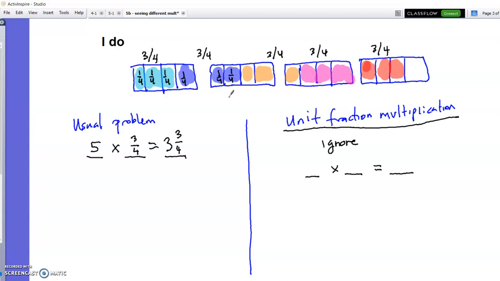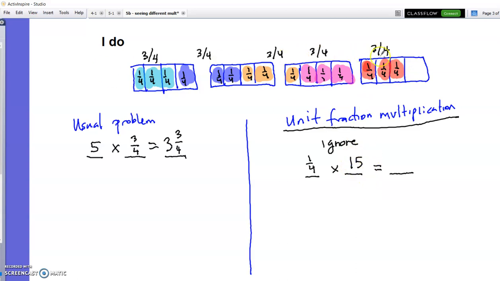I'm not going to write them all in because it takes a long time. So I see all these different 1/4 pieces, and if I ignore the color, they're all the same fraction. They're all just 1/4. So if I look for a unit fraction way of showing this, I can just say I see 1/4, 1, 2, 3, 4, 5, 6, 7, 8, 9, 10, 11, 12, 13, 14, 15 times.